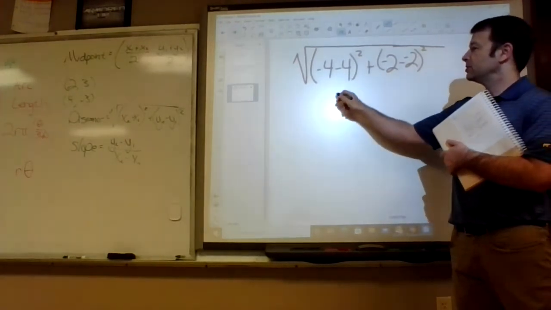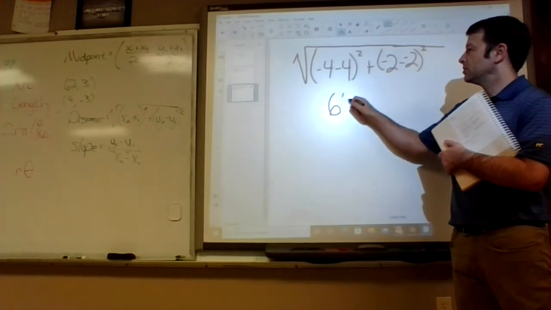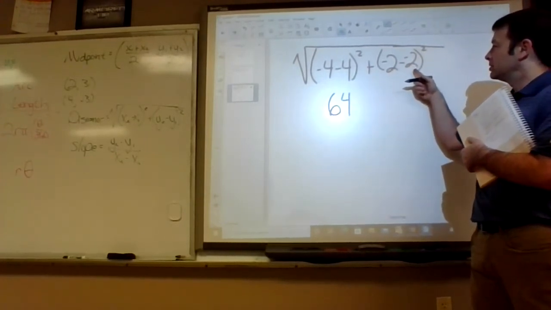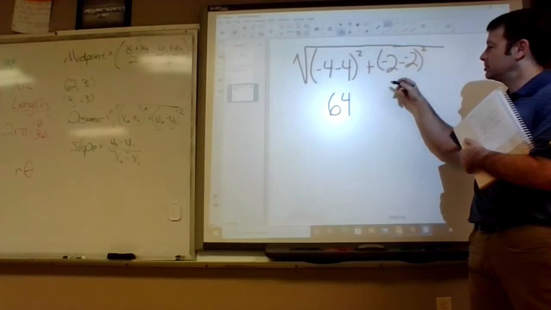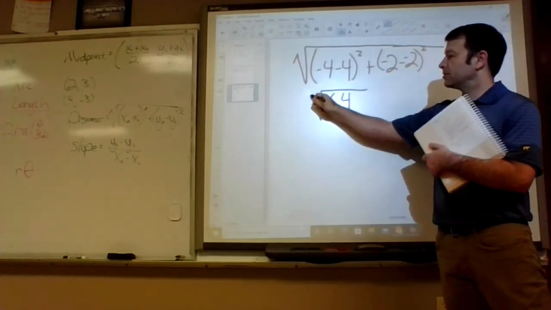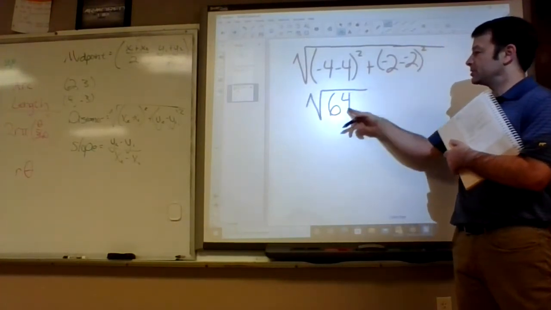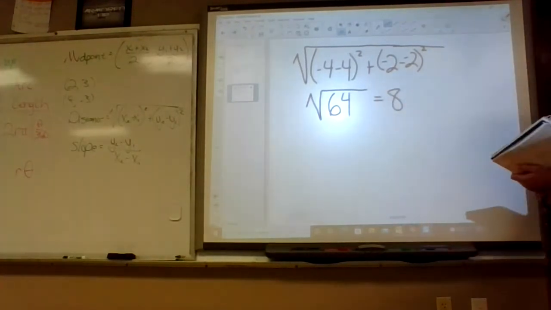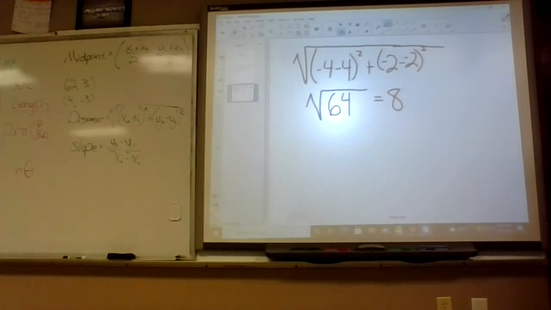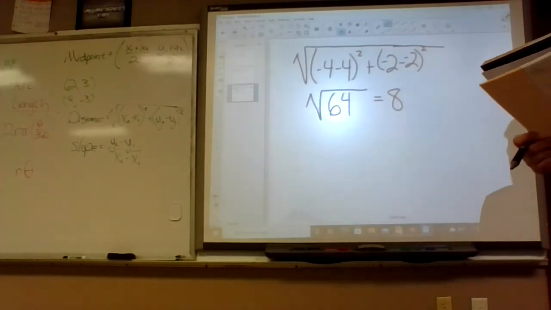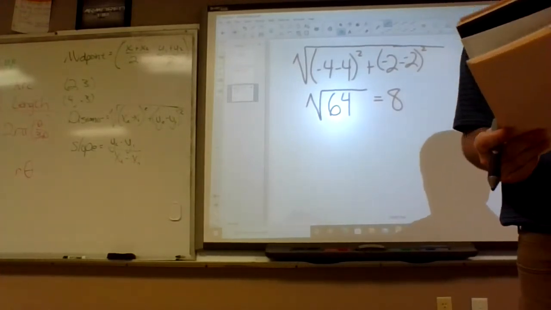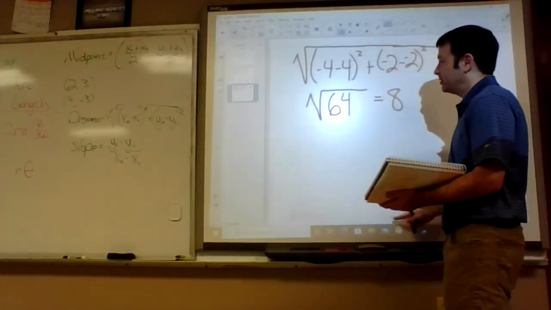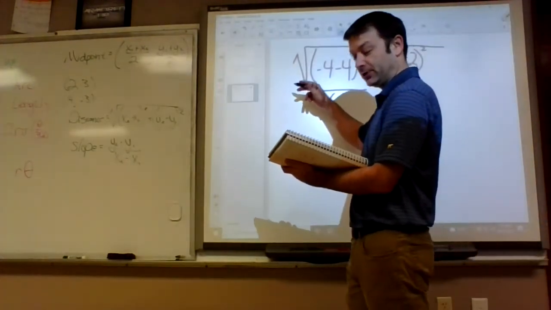Squared? 64. What's -2 minus -2? 0 squared? 0. So really it's just 64 plus 0, 64. The answer is 8. If you think about it, it makes sense because it's just a flat line and you're going from -4 to +4. It's 8 long. So we could have possibly avoided doing that, but that's okay.